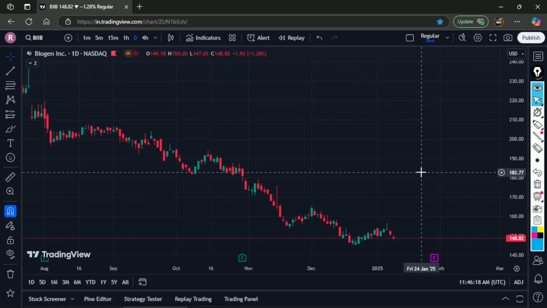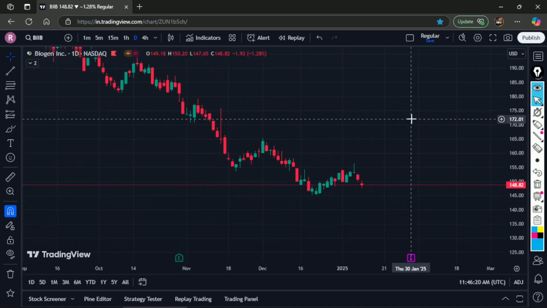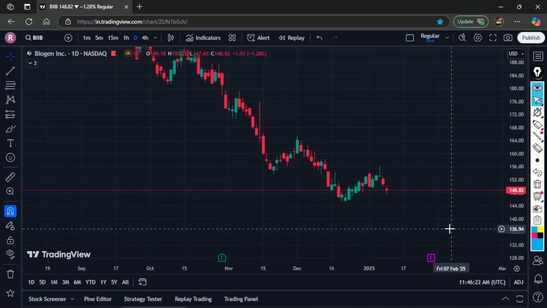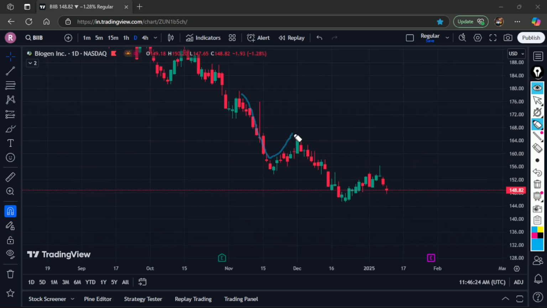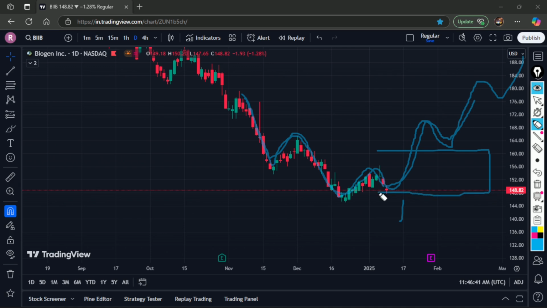Next in BIIB, here's the thing. It was in a continuous negative trend. Now if this negative trend wants to end, then it has to make a W pattern like this, or it has to hold near this level.